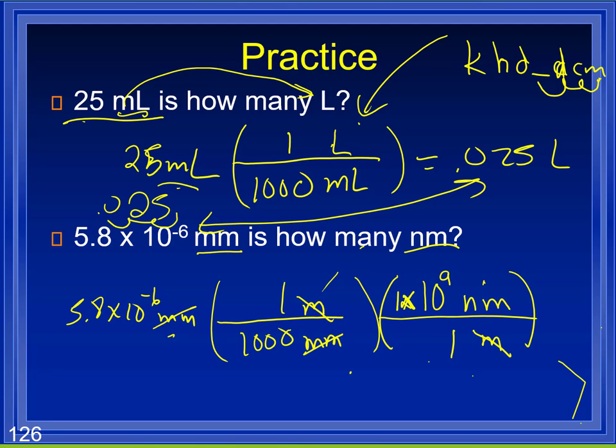So 1 times 10 to the 9th is the same size as 10 to the 9th. So I'm going to say times 1 E9. And if you push the buttons successfully, you should get 5.8. And that's nanometers, because that's the only unit I have left.